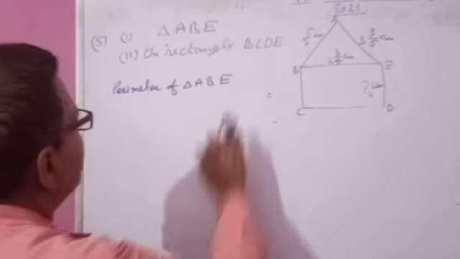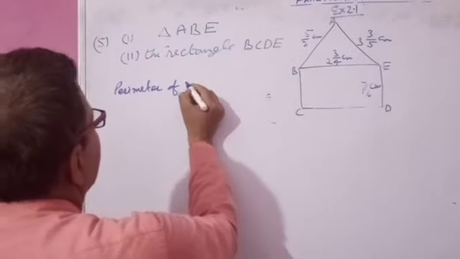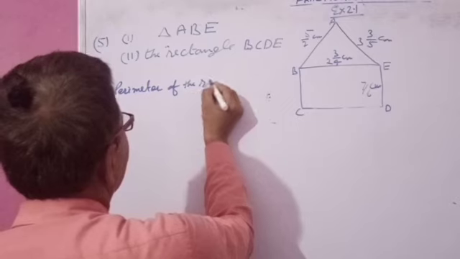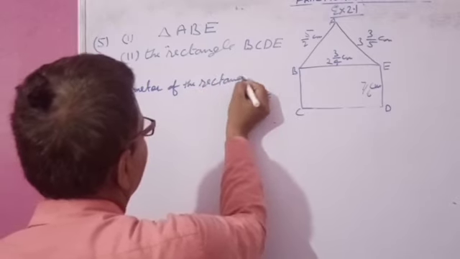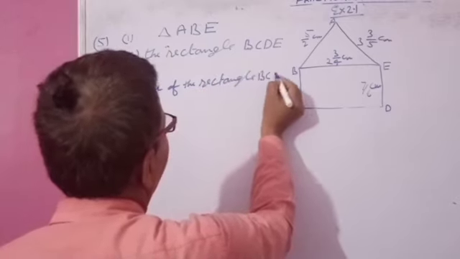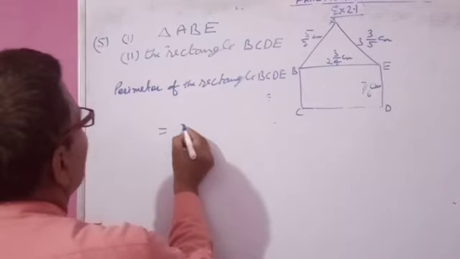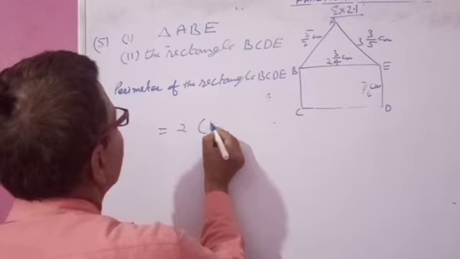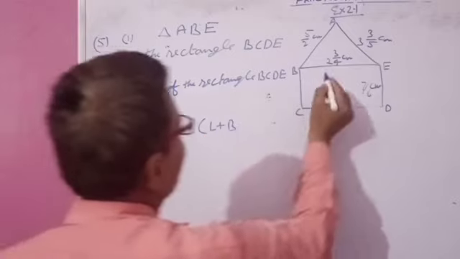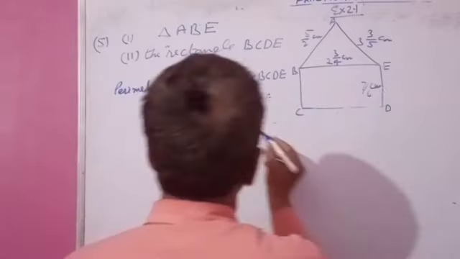Perimeter of the rectangle BCDE. Now you will find perimeter equal to 2 into length plus breadth. Length is this and breadth is this.